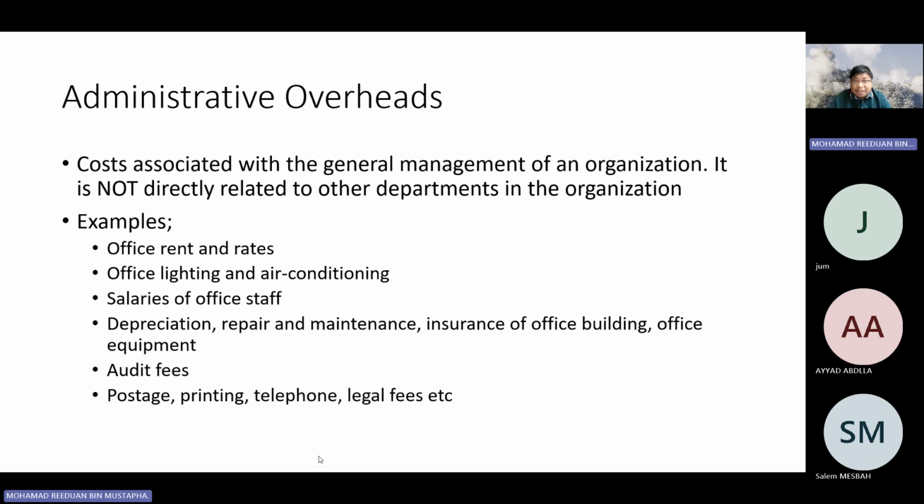All this is administrative overhead, which you thought has nothing to do with production, but actually is a support; if you don't have this, you cannot come up with the production. So indirectly, this is very important as well. And the cost is actually not meant for this product only, it is used for other things too.